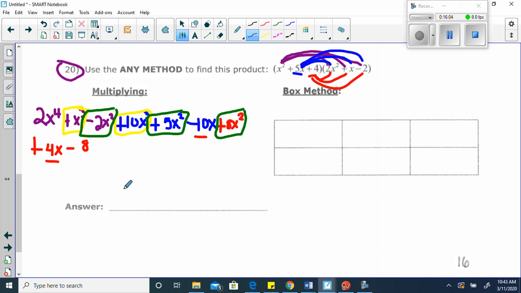Okay? So I'm going to write this out for my answer. I have 2x to the fourth. Okay? My x cubed, I have 1x cubed and 10x cubed, so I have 11x cubed.